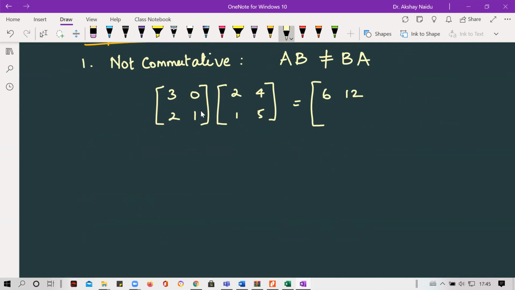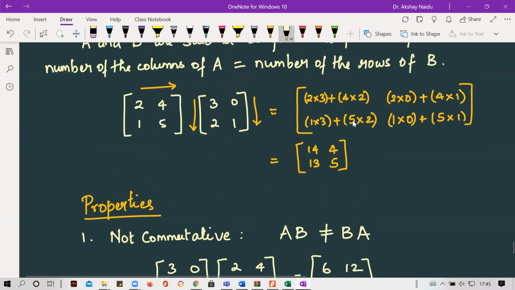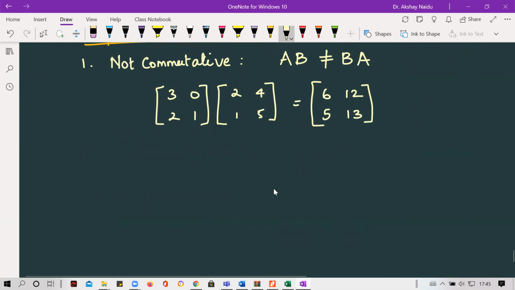And 2 into 2, 4 plus 1 into 1, 5. 2 into 4, 8 plus 5, 13. This is 6, 12, 5, 13. This is 14, 4, 13, 5. So AB is not equal to BA, even though they exist. Even if they exist, they are not equal. So this is the non-commutative property of matrices.